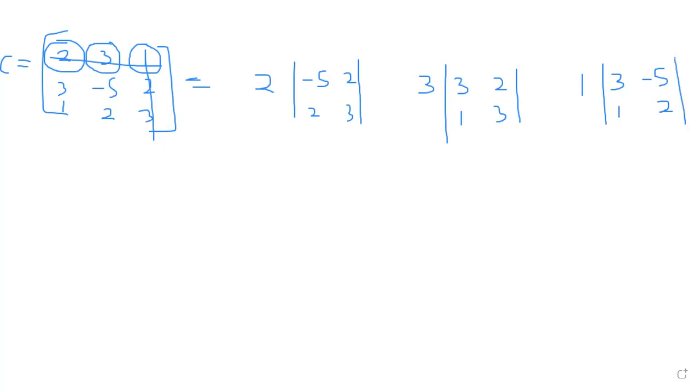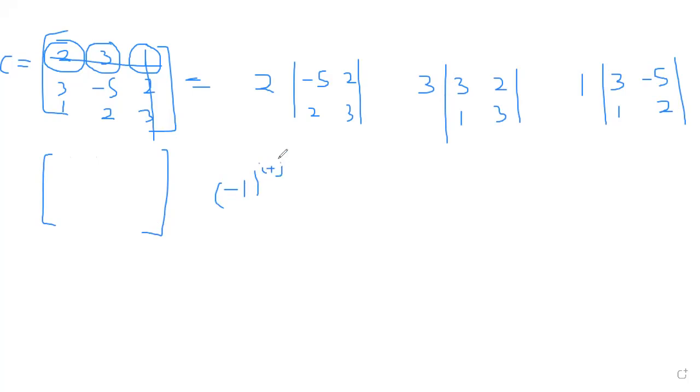Okay. Next, we need to understand that cofactors have a formula of doing that. Now, the formula is -1 raised to the power of the row number plus the column number.